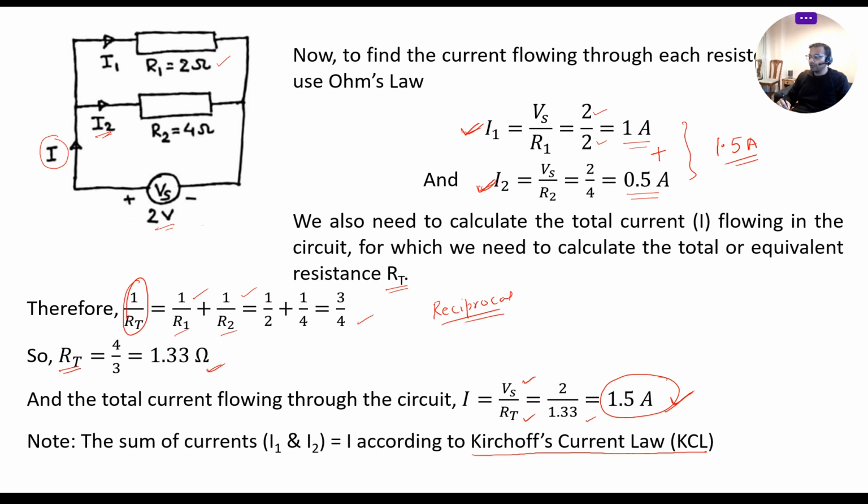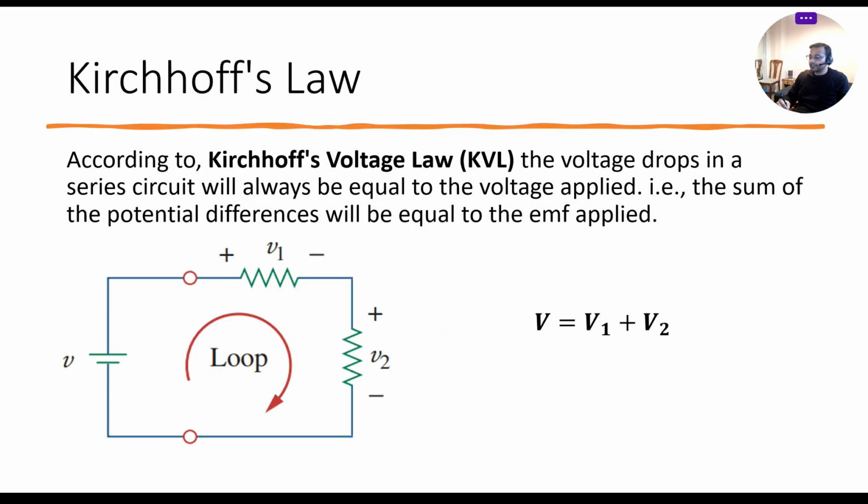Okay. Now, although we have discussed the two laws, Kirchhoff's laws, let's define them and let's discuss them separately now. So there are two Kirchhoff laws. The first one is your voltage law and the second one is your current law.